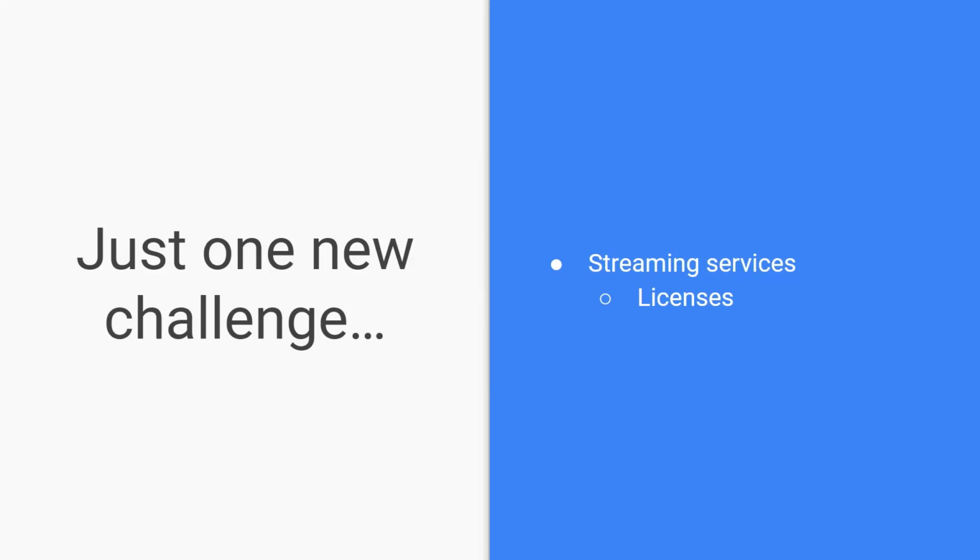And so in the digital age, a lot of times we're not buying those physical objects anymore. And even though we have purchased it on whatever streaming service, again, we're bound by that license.